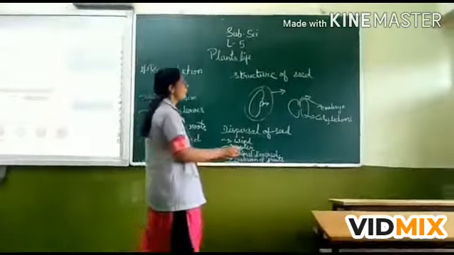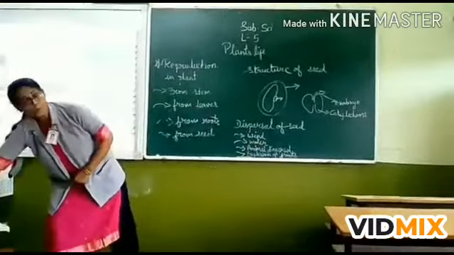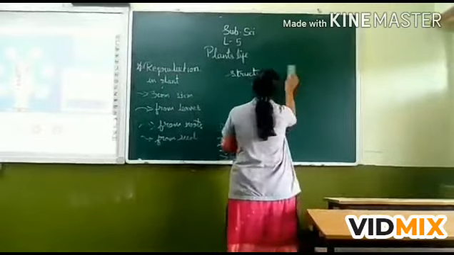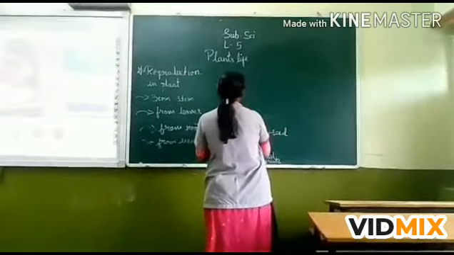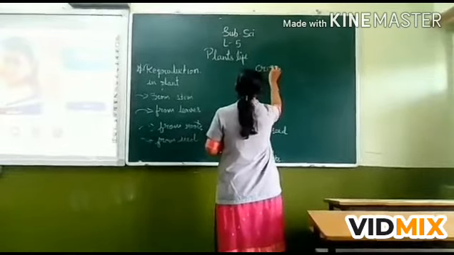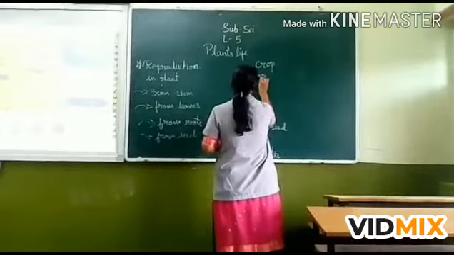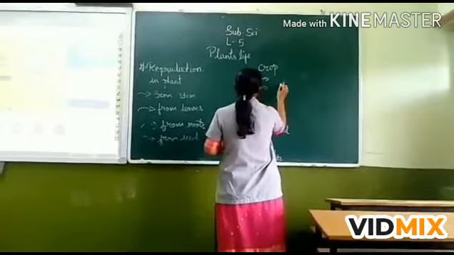Right? Now crops. What are crops? Crops are like food crops, fiber crops, and oil-producing crops. So we need to categorize the crops. First, food crops, then second, fiber crops.